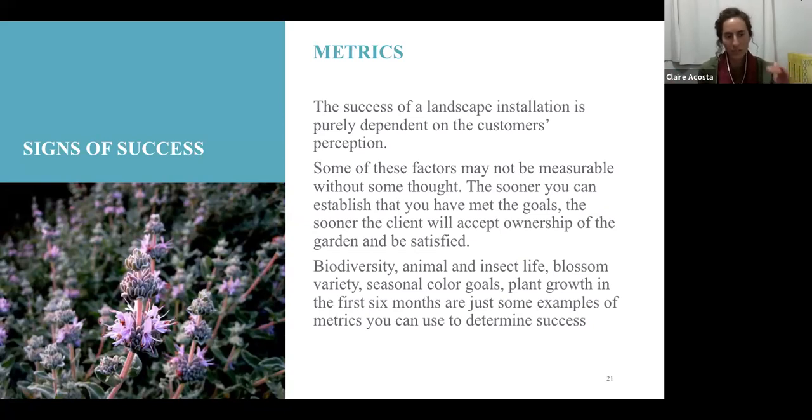A good one to start with is plant establishment. So giving the clients some kind of idea about the survival rate, letting them know maybe 100% aren't going to make it, but usually in the first 2 weeks, whoever wasn't going to make it for whatever random reason doesn't make it in that first chunk of time. So giving them that expectation that you might have a 95% success rate or something like that, or whatever your rate is, depending on your own experience.